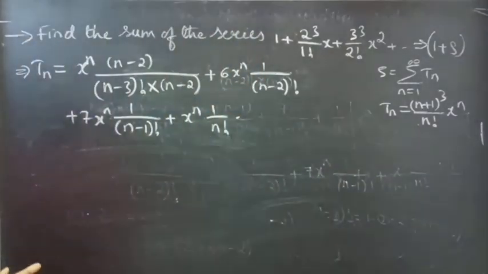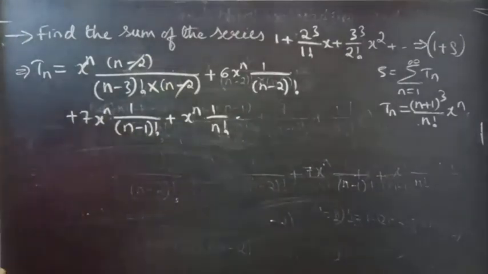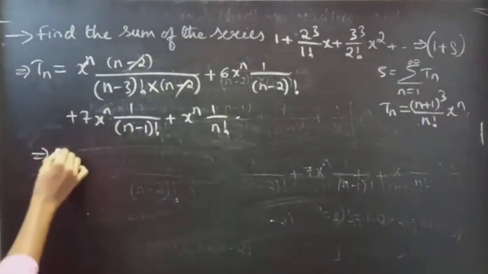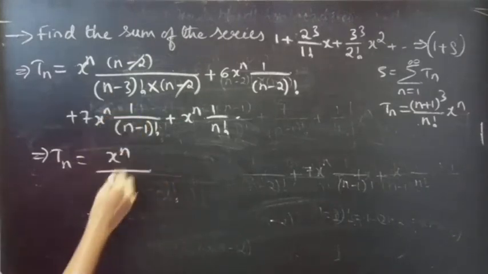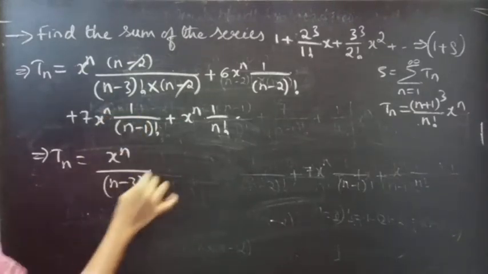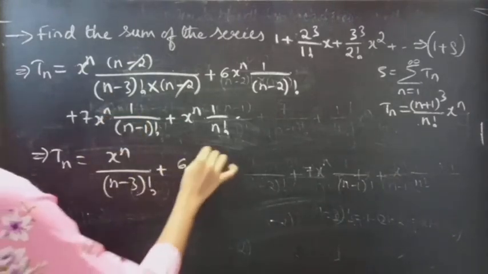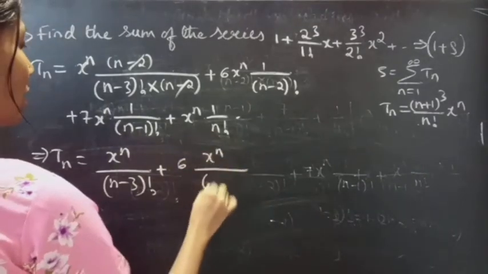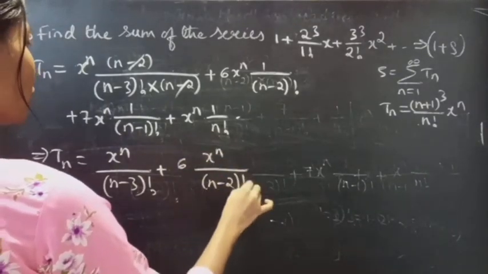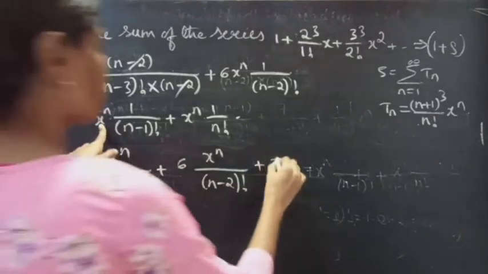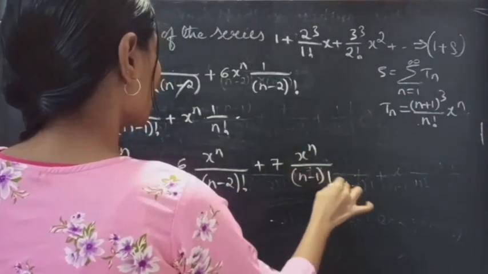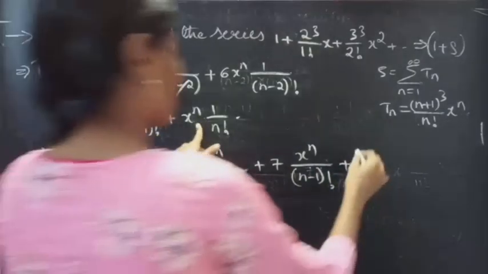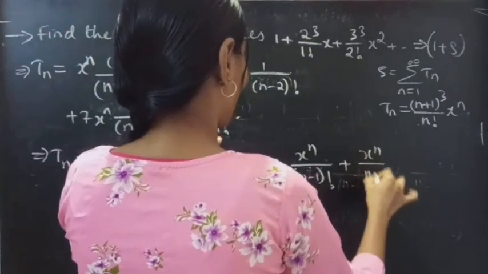Now cancel n-2 from the first term, then you'll get Tn equals x^n/(n-3)! plus 6 x^n/(n-2)! plus 7 x^n/(n-1)! plus x^n/n!.